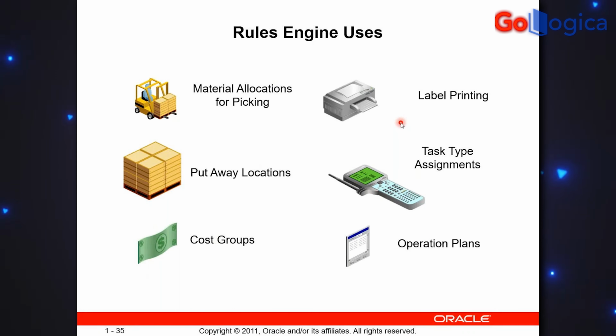For that you can write a rule, and everything else will be taken care of. So these are the advantages of the WMS rule engine. And task type assignment, as I told, suppose we have orders, cycle count. These are the task types and their assignment can be decided through these rules. And then at last the operation plans, as we discussed earlier. Locator based consolidation, LPN based consolidation, all these things will come under this.